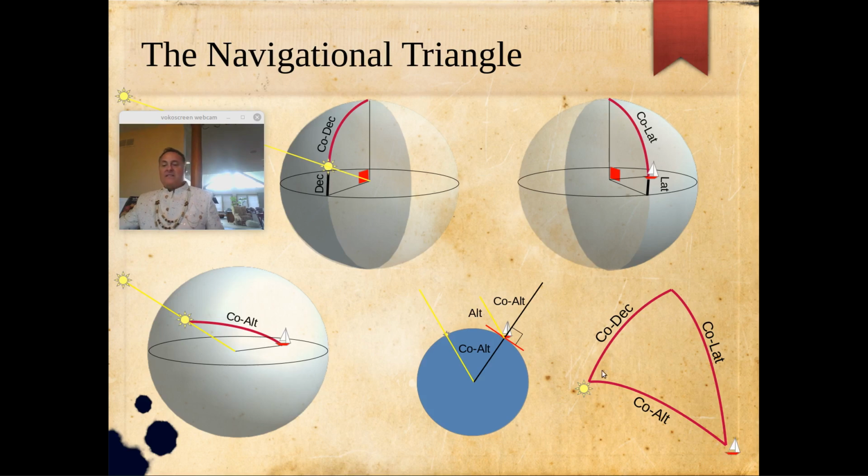And they're connected by the colatitude of the boat, the co-declination of the sun, and the coaltitude between the sun and the boat. This is called the Navigational Triangle, and it's an important geometrical shape for us to make progress in position finding at sea.